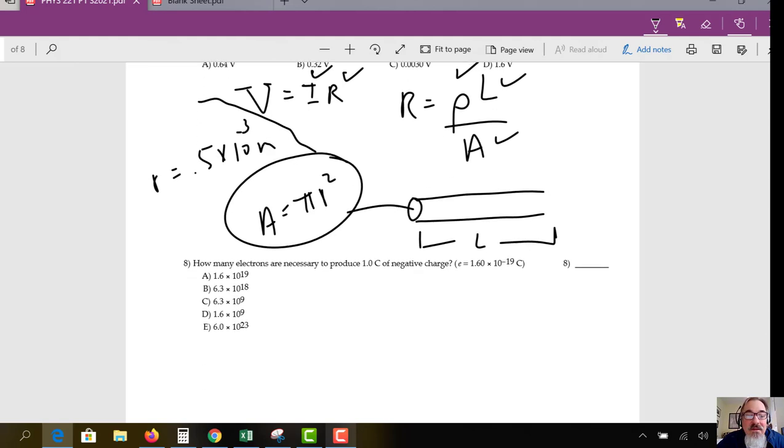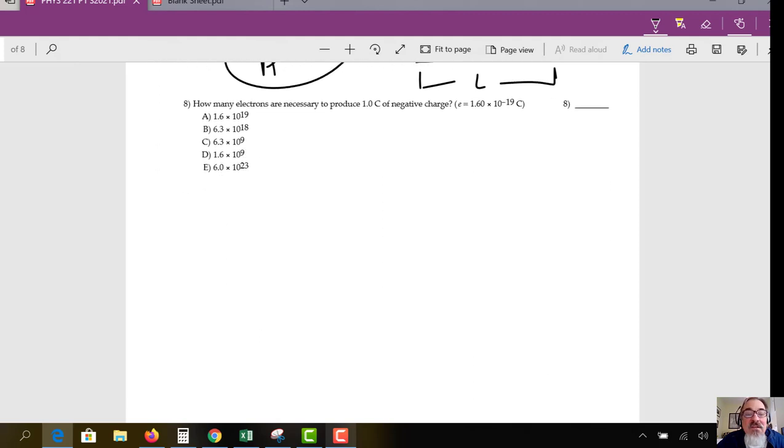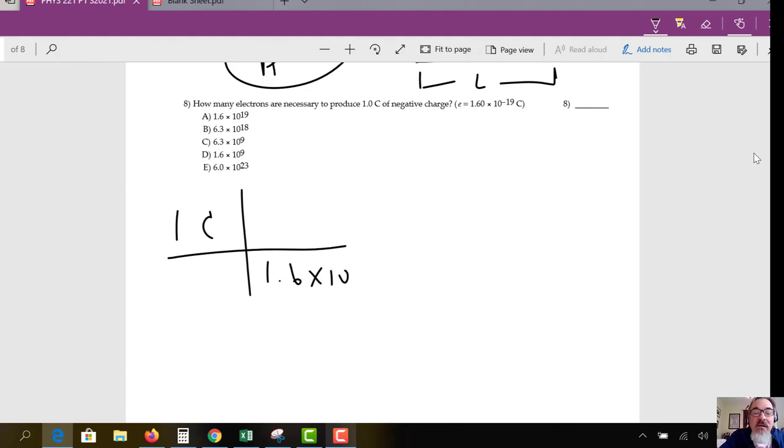Okay, good. How many electrons are necessary to produce 1 coulomb of negative charge? So how many electrons? So you need 1 coulomb. You know, we need 1.6 to the minus 19th coulombs, magnitude-wise, for 1 electron.